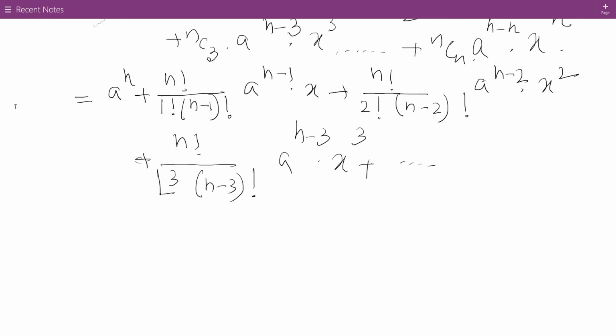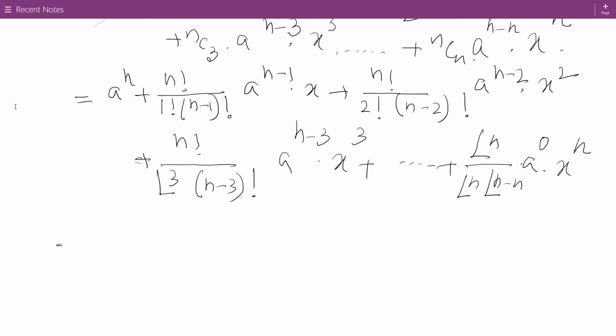In this way the last term NCN, factorial n by factorial n into factorial n minus n, a to the power 0, x to the power n.